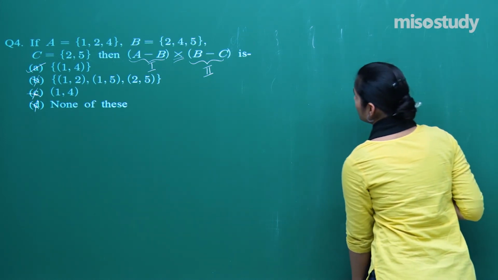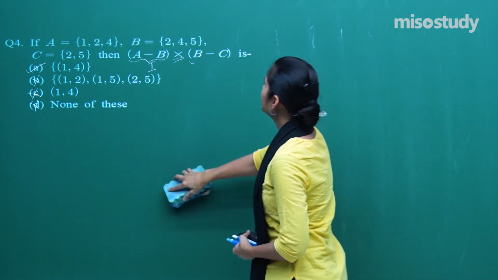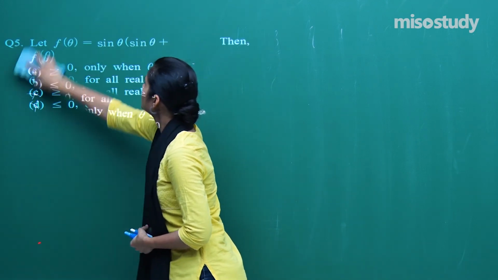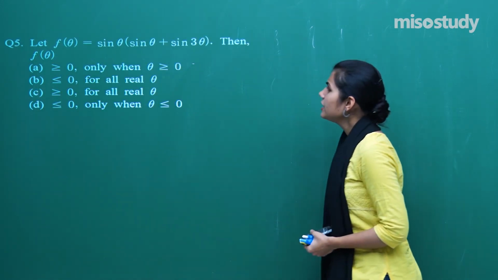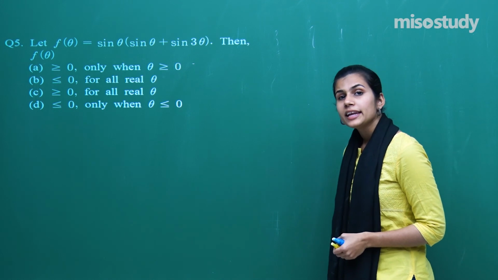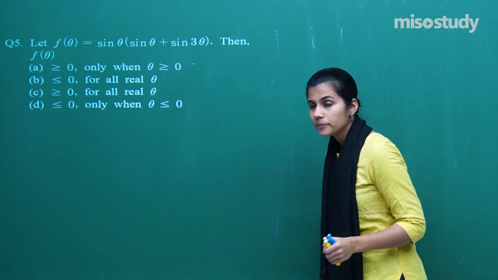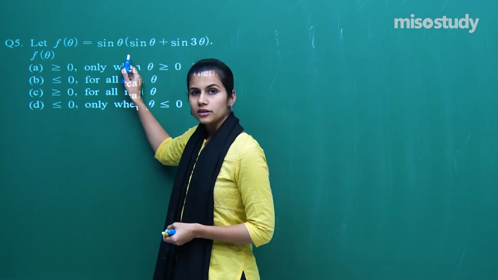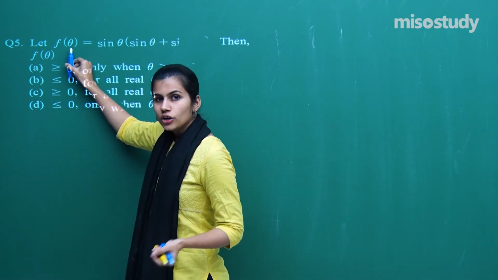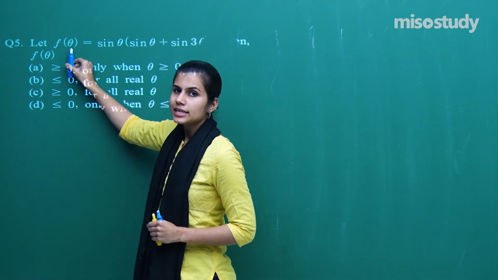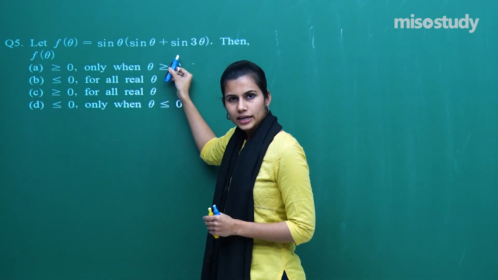Question number 5, if I try and understand, is: I am given a function with variable as theta. Just look over here. It is theta. When you input it inside f, you get f of theta like this.